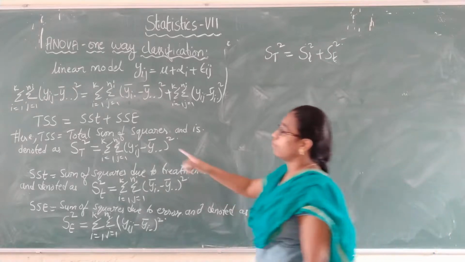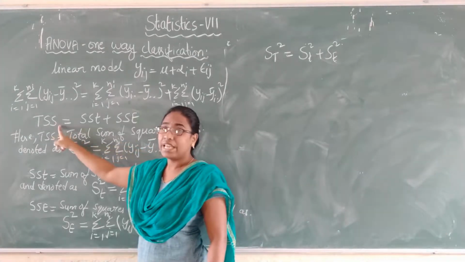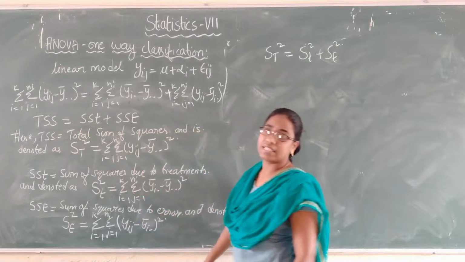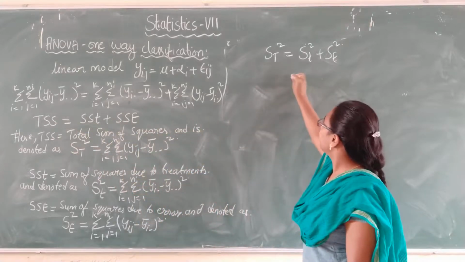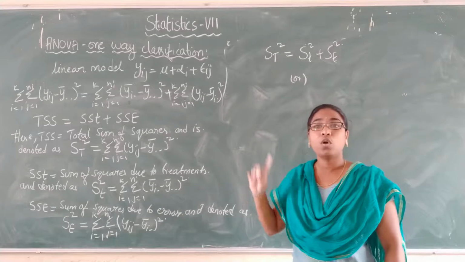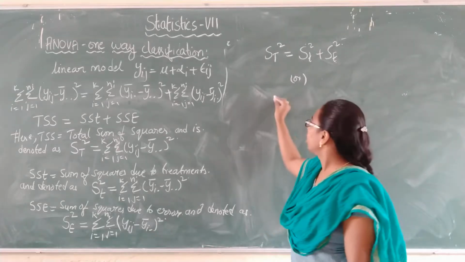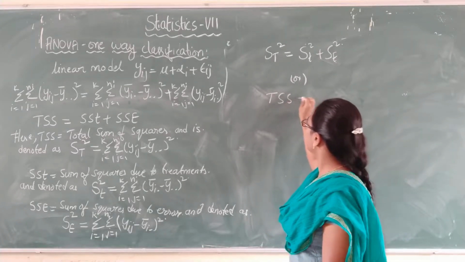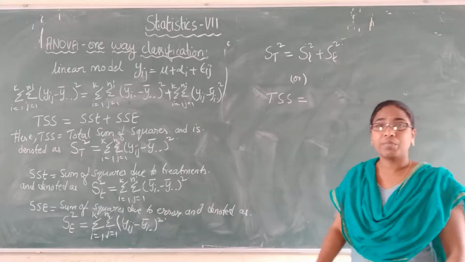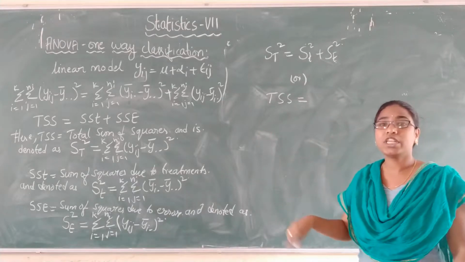So here the representation we have written as TSS, or you can also write total sum of squares. So total sum of squares TSS equals the treatment sum of squares plus the error sum of squares.